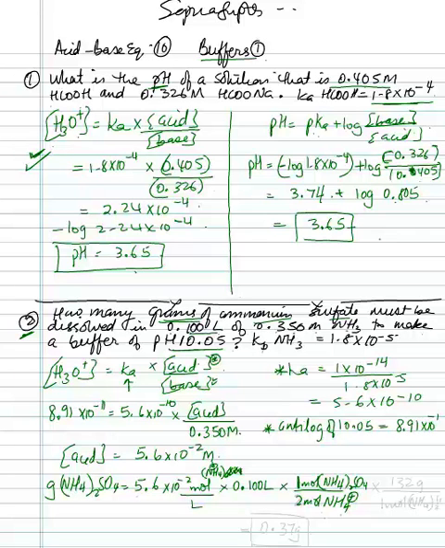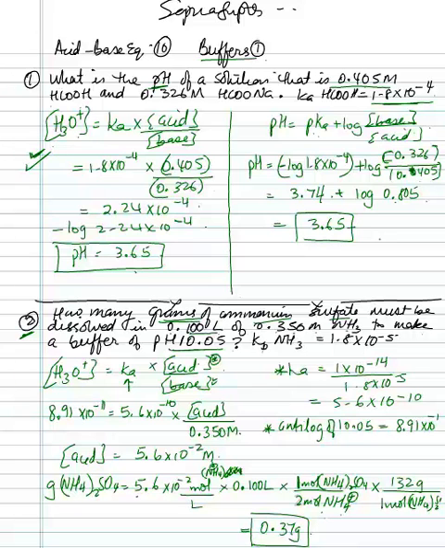So we need to make sure we divide this concentration by 2, and then you find the moles of ammonium sulfate. So that is 132 grams over 1 mole of ammonium sulfate, and this is equal to 0.37 grams. So you need to dissolve 0.37 grams of ammonium sulfate in 0.1 liter of a solution of 0.35 molar ammonia, and that will give us a buffer of pH 10.05.